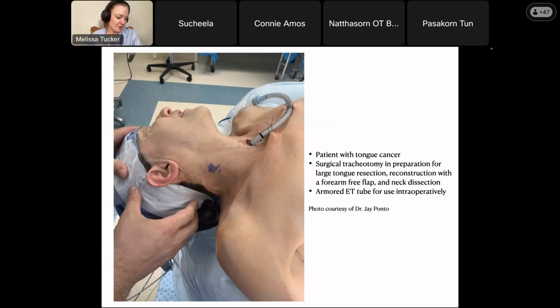So this is a patient who is certainly going to need a dysphagia evaluation when they're cleared for intake of food and drink by the surgical team. And again, these surgical cases, I may not know all the answers to the questions, but if you have any questions, feel free to jump in.